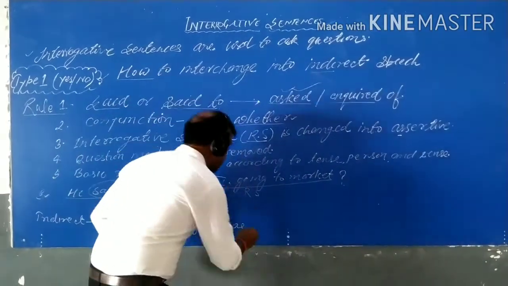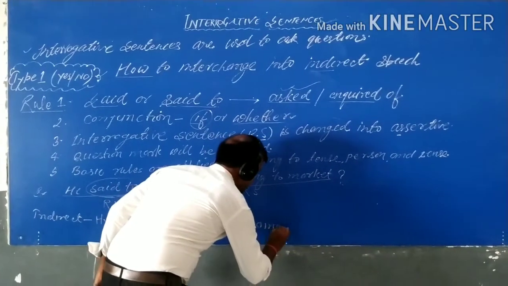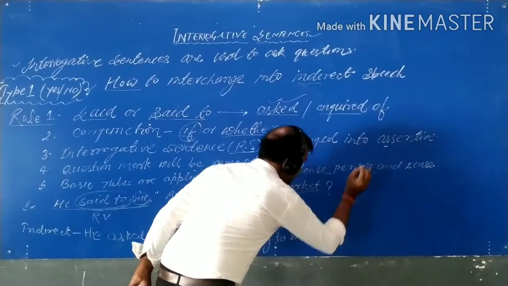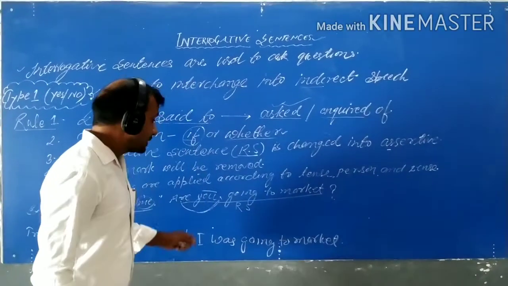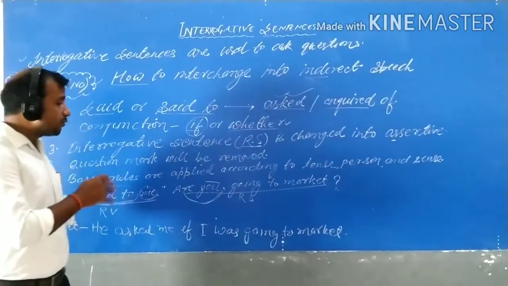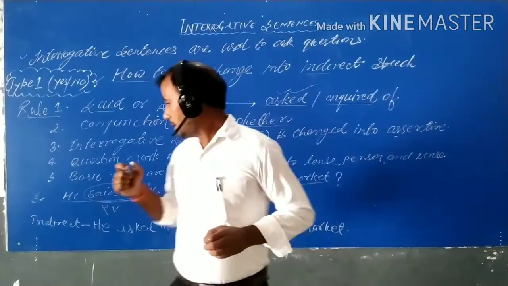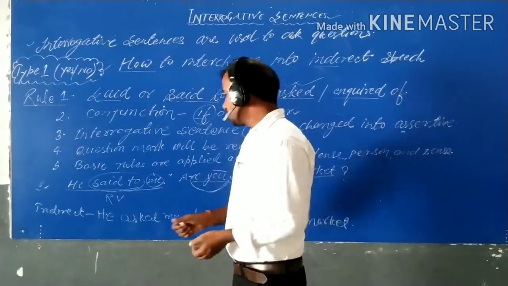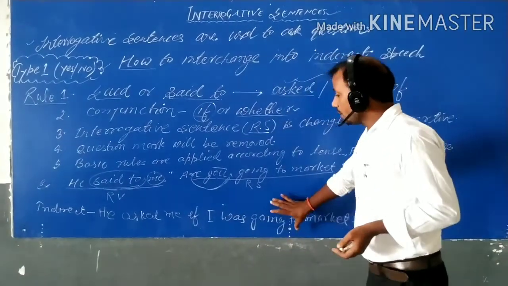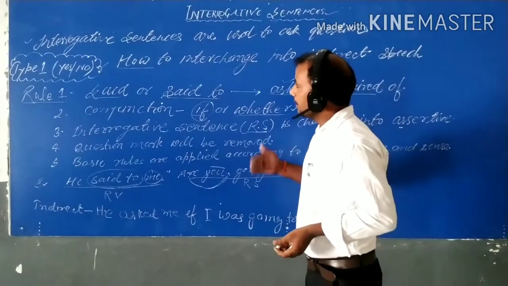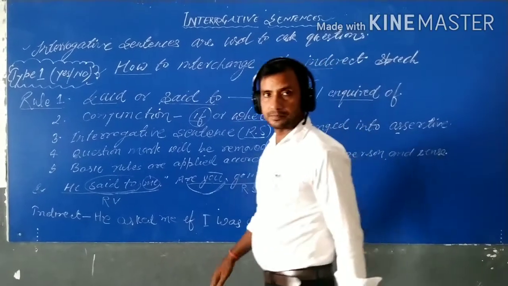I was going to market, and a full stop is used here. So this is the right way to change direct speech into indirect speech. So student, I think you got how we can interchange. Then we will give some more examples.